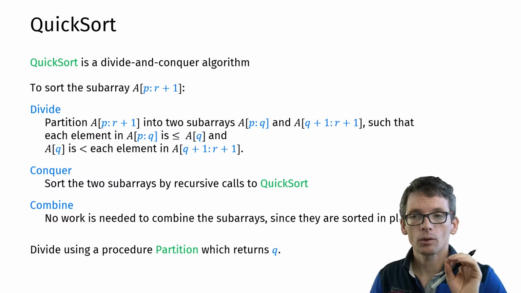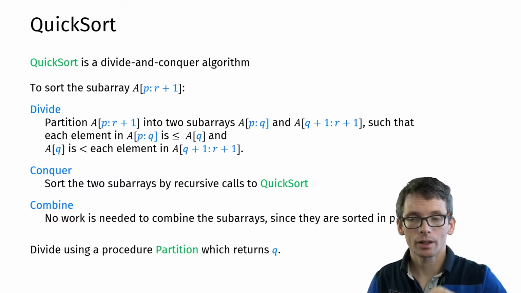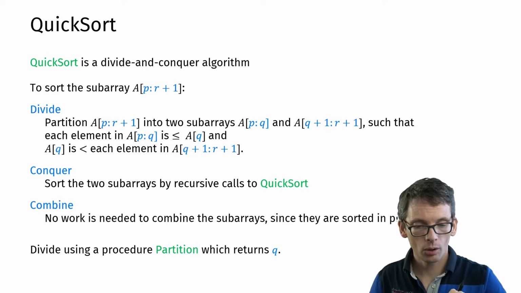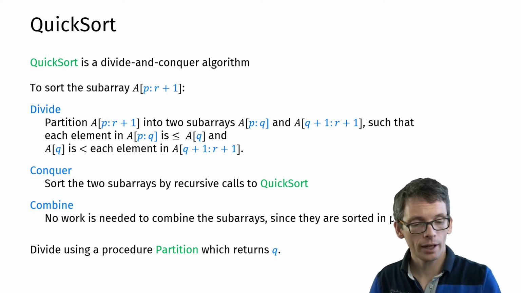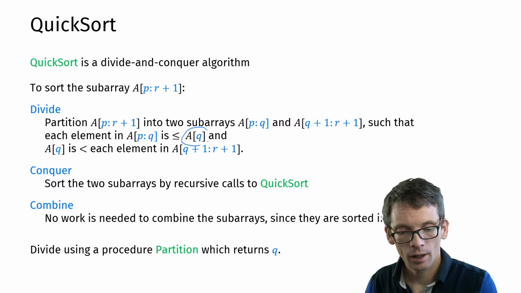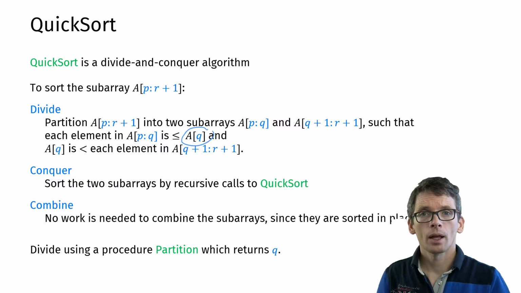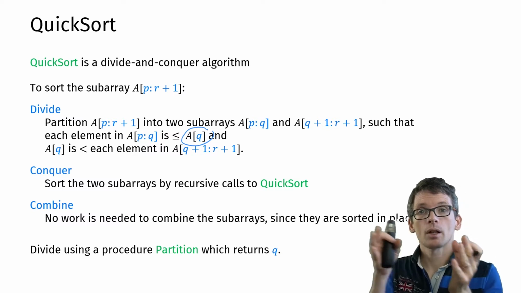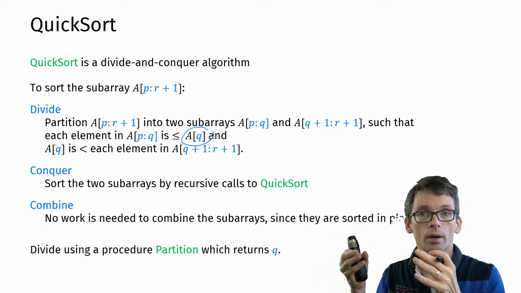When dividing, what we do is we're going to partition the numbers. More specifically, we're going to look at a specific entry A of q, and we're going to subdivide the array into numbers smaller than A of q and larger than A of q.